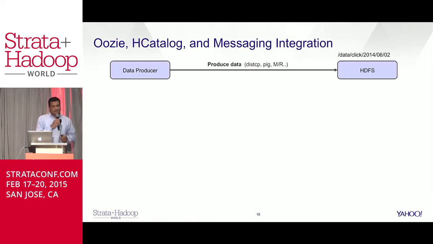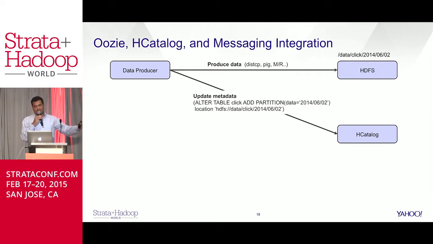Okay. Then, as I said, most production jobs are not something you would do by hand. So Oozie is the workflow scheduler for Hadoop, at least at Yahoo. As I said, 70% of our 30 million jobs a month, roughly, get scheduled through Oozie. So data producers write data in HDFS, and they also update the metadata in HCatalog in terms of partition availability, right?